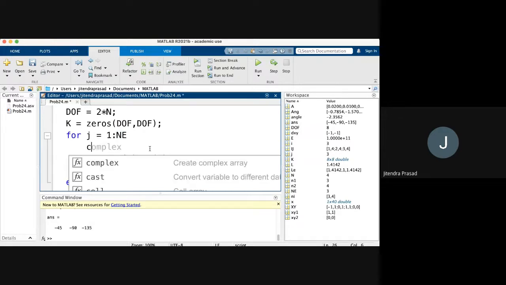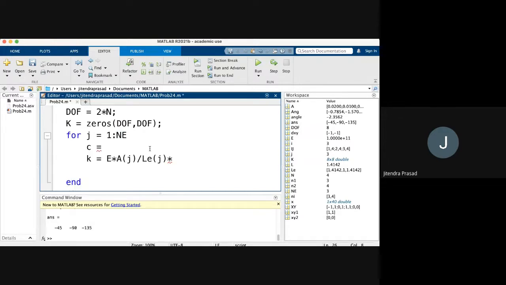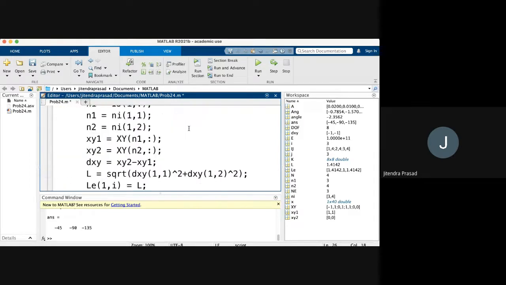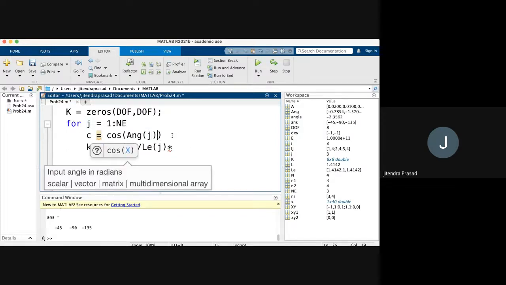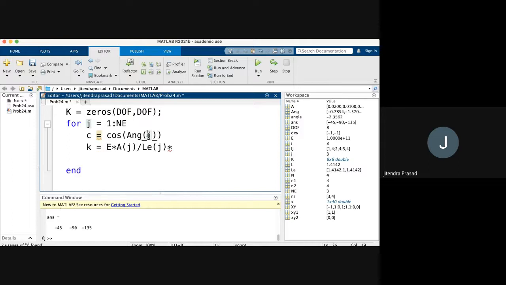One we call C, so C is cos squared: cos of ang j, and we made a square of it.